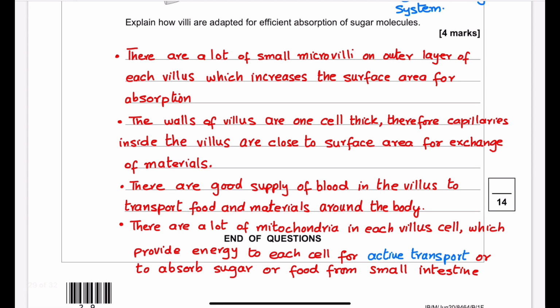There is a good supply of blood in the villus to transport food and materials around the body. There are a lot of mitochondria in each villus cell which provide energy to each cell for active transport, or to absorb sugar or food from the small intestine.